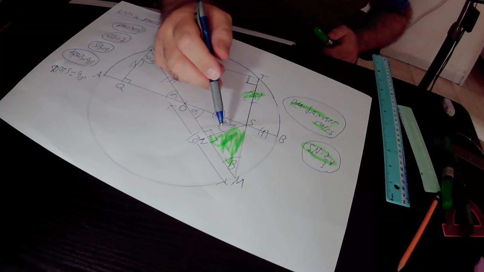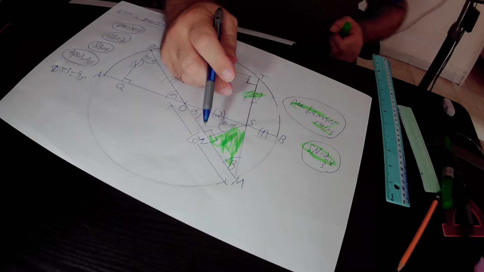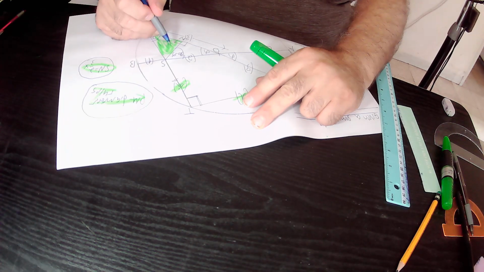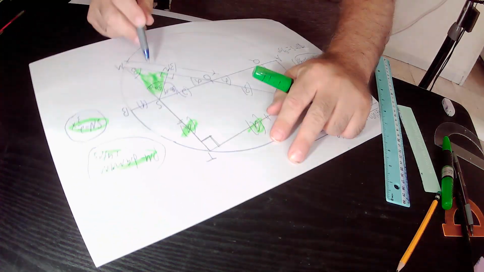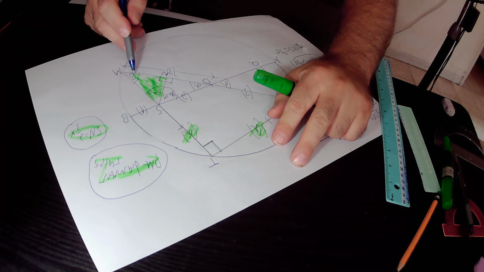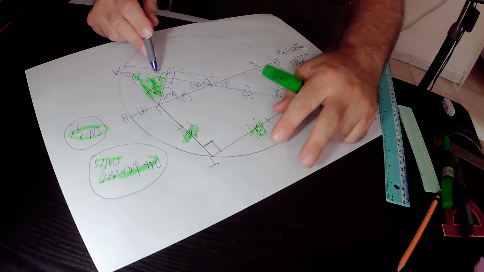This angle equals beta, this angle equals 90 degrees, and therefore this third missing angle must be equal to 90 degrees minus beta. Why? Because 90 degrees minus beta plus beta is 90 degrees, and 90 degrees plus 90 degrees is equal to 180 degrees. That is the sum of the angles in a triangle.